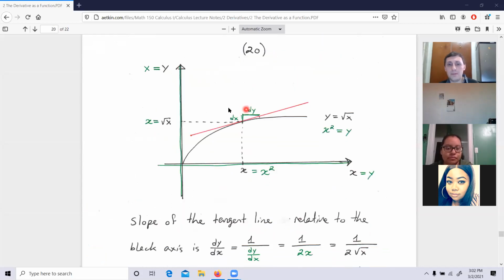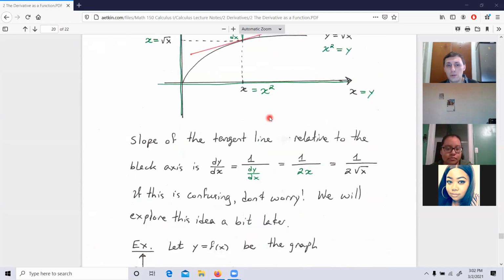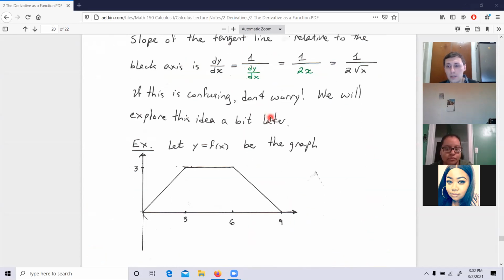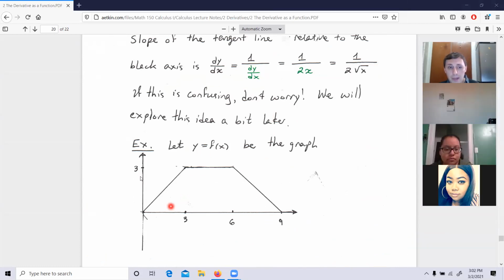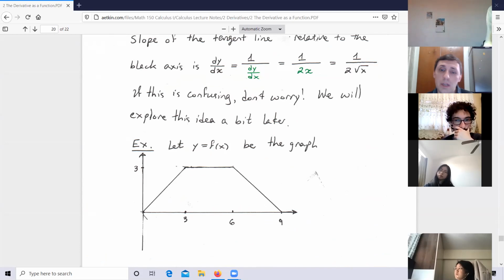Here is that picture illustrated. I tried to show it to you here, but we will talk about it again. Okay, guys? Here is the next example. We have the graph y equals f of x with those markings on the graph. You see that? Your task is to draw me the graph of the derivative function. Do you remember what you draw when you take the derivative in Calc 1?